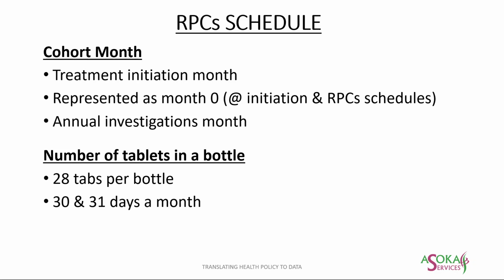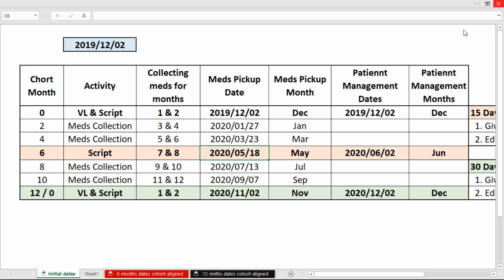If we do not take this into mind, there will be months where the patient will go without drugs. And secondly, the patient will be kicked out of their cohort month and therefore miss their annual bloods. I would like to make an illustration of how this is supposed to look.